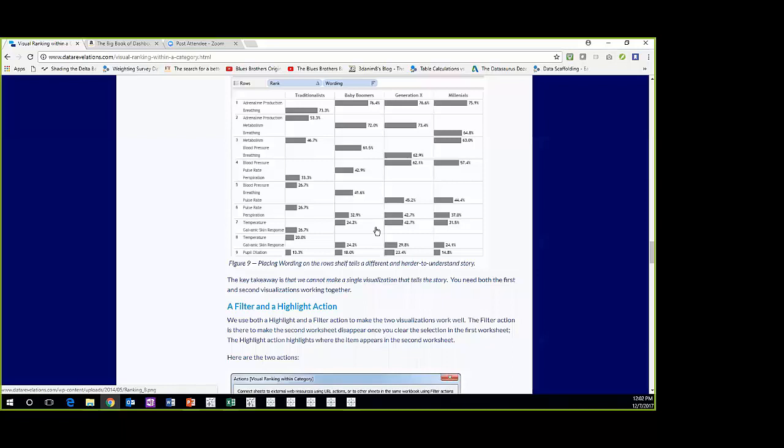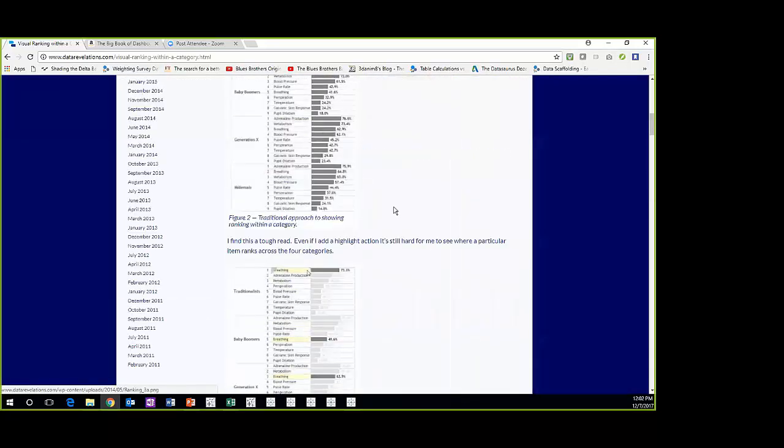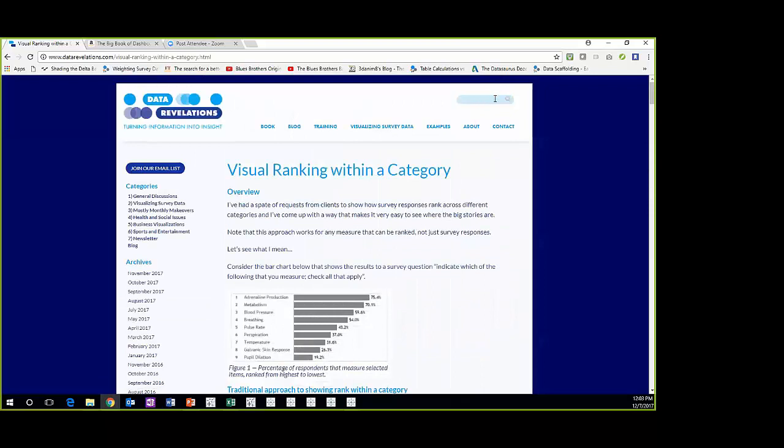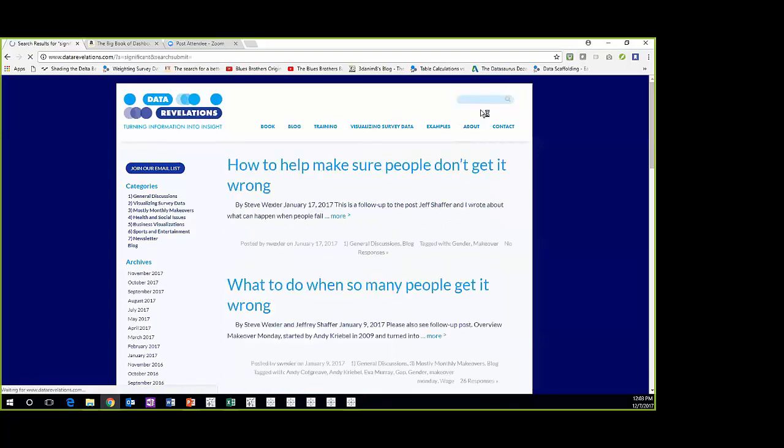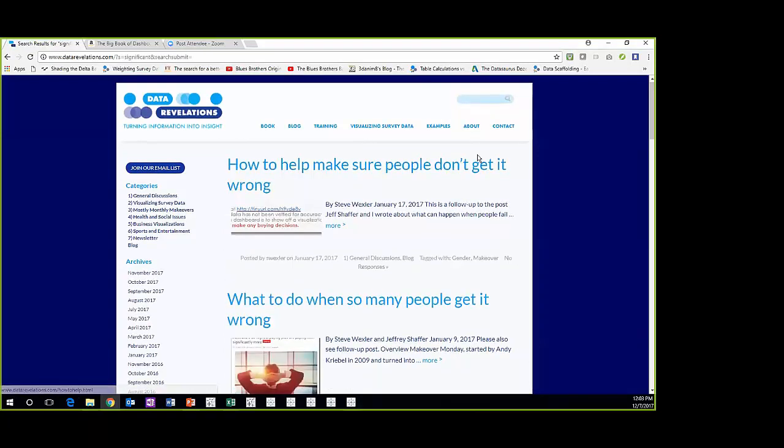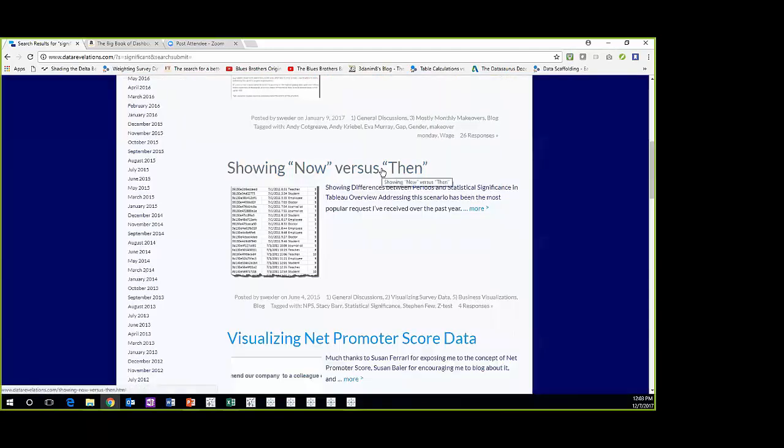So a question from Gina about displaying significance testing. Yeah, I've got a blog post about that as well. And on Big Book of Dashboards, I've got a whole thing about that. So if you just go here and you type significant, it's here, it's called showing now versus then.